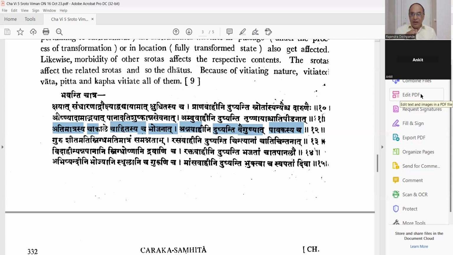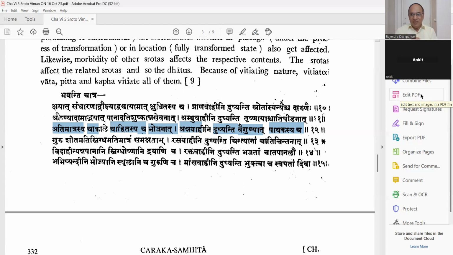Next, second part: Ahara Vidhi Vidhana. Vidhana means rules and regulations, how one should take the food. Ushnam ashniyat, very freshly cooked food.